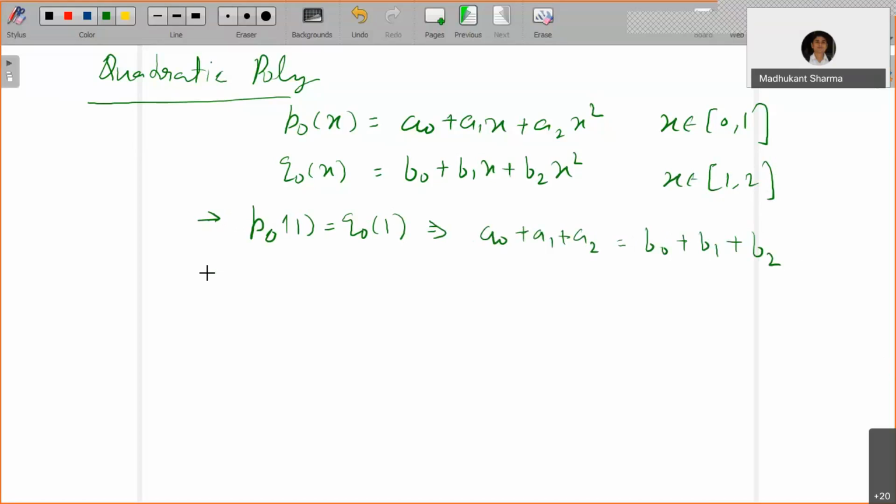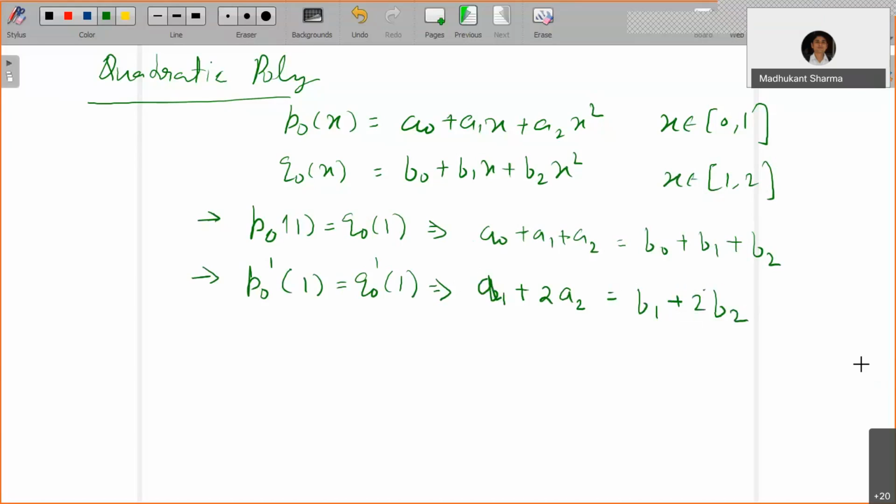Now, if you impose another condition, one-time differentiability, so p0'(1) is equal to q0'(1). So that will give you, you can verify, a1 plus 2a2 equals b1 plus 2 times b2. Now, still you can preserve the piecewise structure here, because there is still a degree of freedom.